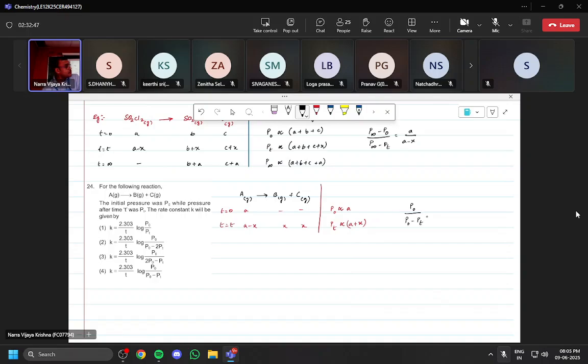What will I get? 2P naught minus PT. Now, what will you get? A minus X. So this is nothing but equal to A upon A minus X. Correct?